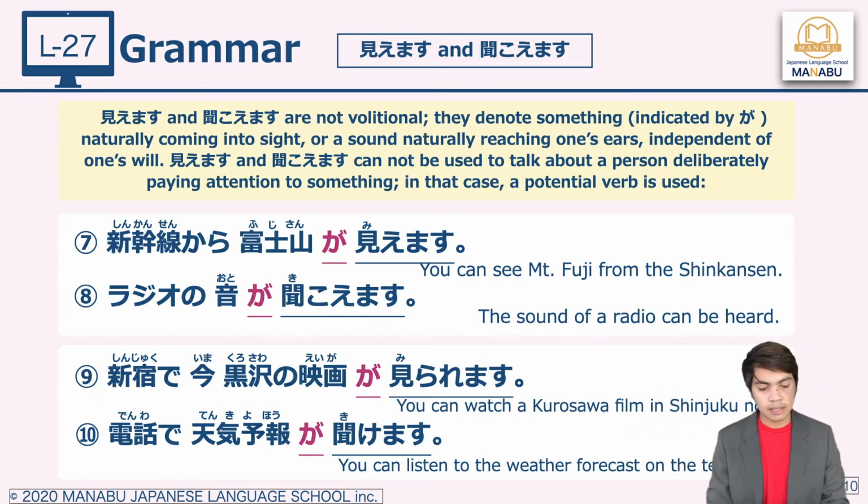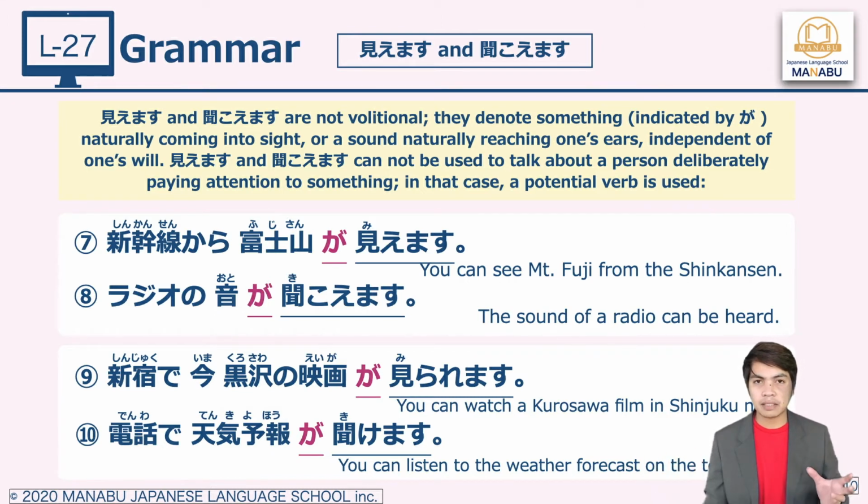So just like example number 9, Shinjuku de ima Kurosawa no eiga ga miraremasu. So Shinjuku de, at Shinjuku, ima, now, Kurosawa no eiga, the Kurosawa film, ga miraremasu, from the verb mimasu, to watch, to look, or to see.